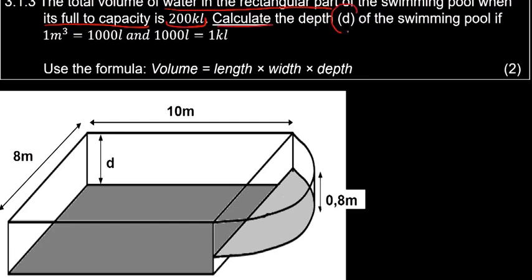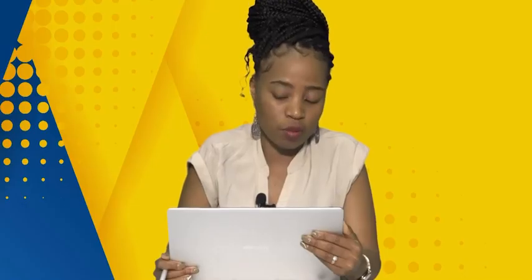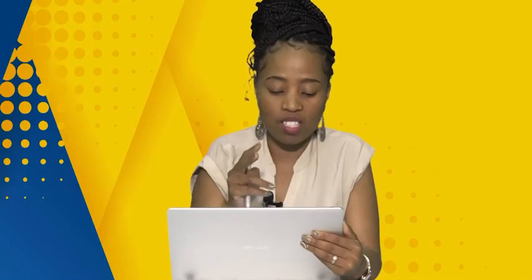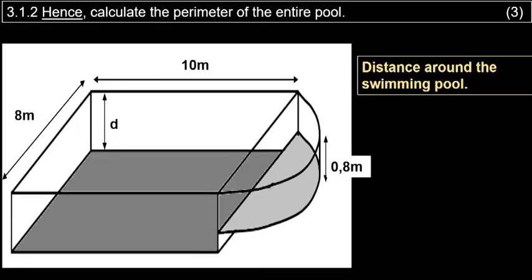Calculate the depth. The depth in this context, because we're talking swimming pool, it's depth, but normally we'll be talking about the height of the swimming pool. If 1 meter cube is equal to 1,000 liters and 1,000 liters is equal to 1 kiloliter, multiple conversions there. You're given kiloliters, so how do you go about answering this question?